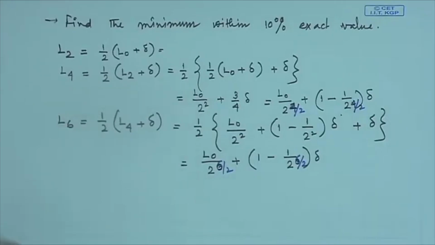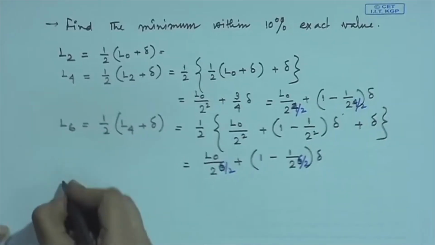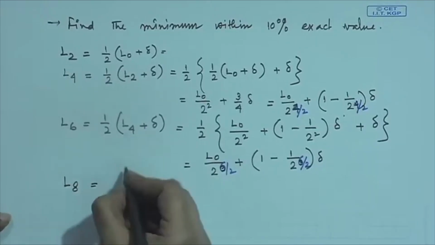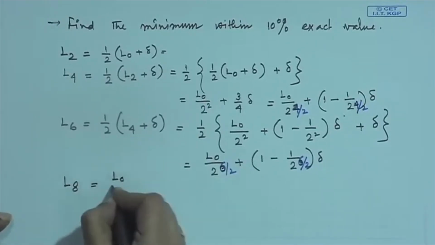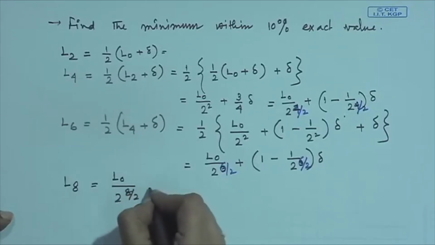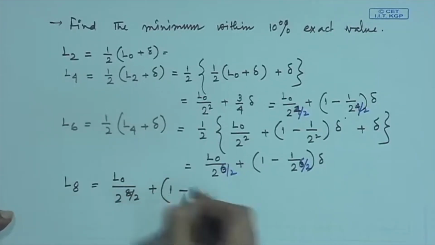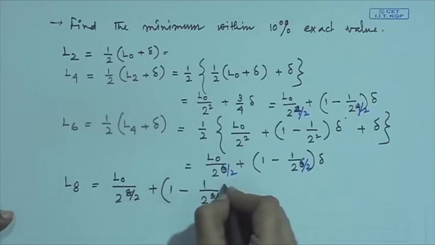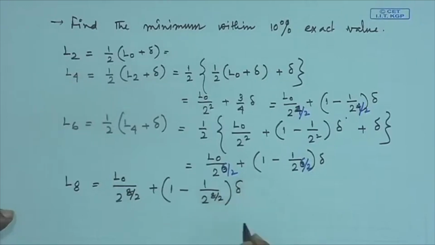That is why straight away we can say, after doing the 8th experiment, I will get L naught divided by 2 to the power 8 by 2 plus 1 minus 2 to the power 8 by 2 delta.